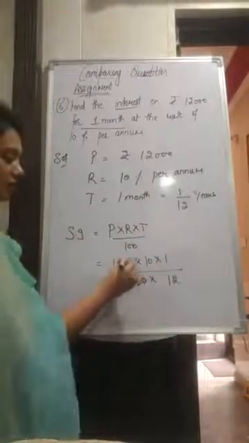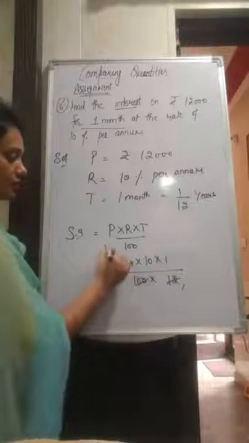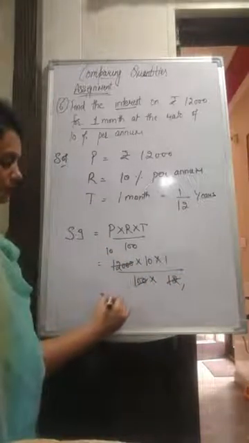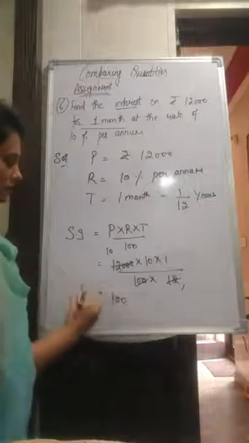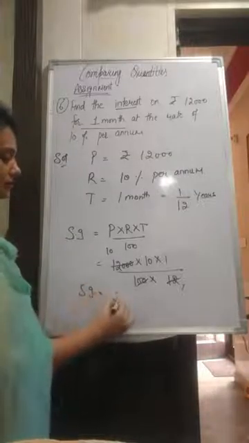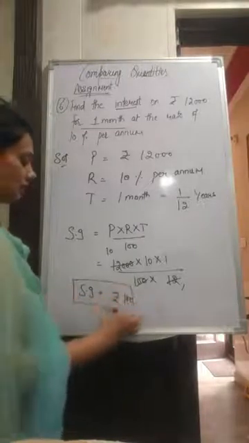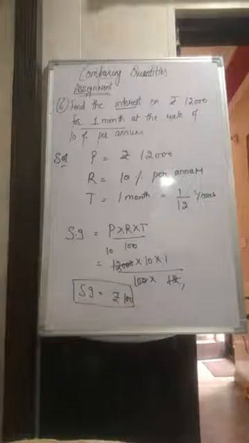So 100 will get cancelled with this. 12 ones are 12, 12 tens are 120. So what is the simple interest? It is rupees 100 for 1 month.